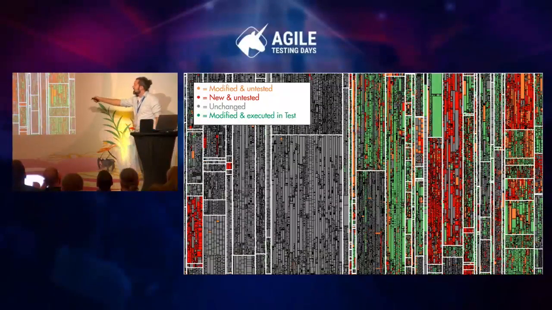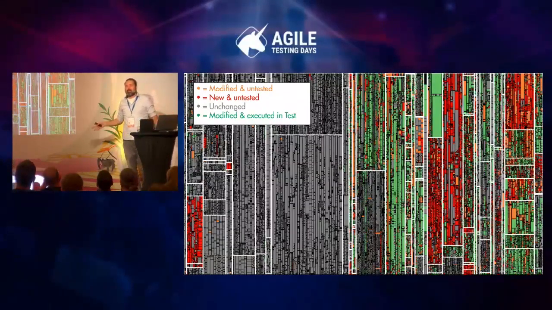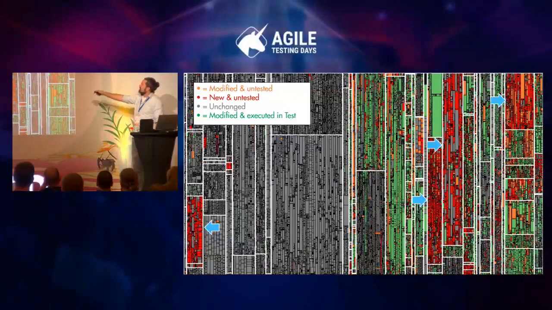However, the inverse is as trivial as it is true. All the red and orange stuff, we know we can't have found a single bug because we never executed that during testing, not in the automated tests, not in the manual tests. And this tree map was computed the day before the planned release. If you look there, there are big areas that contain a lot of modified and new code.